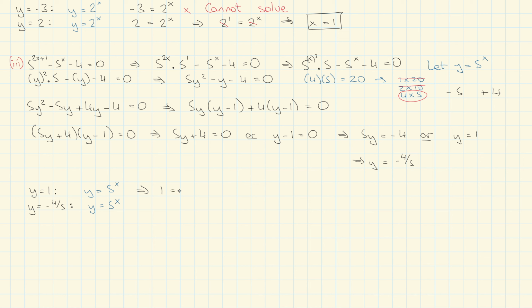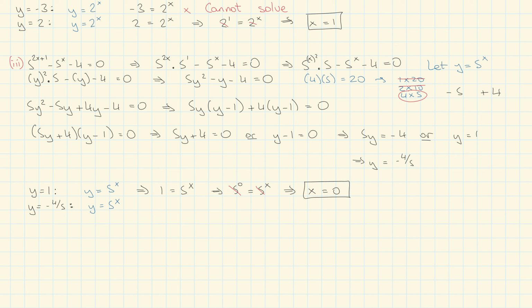So I get 1 equals 5 to the power of x. And my goal here is to rewrite this left side as 5 to the power of something. So we know that anything to the power of 0 gives me 1. So that means 5 to the power of 0. We have a common base of 5, we can drop that. So we get x equals 0.